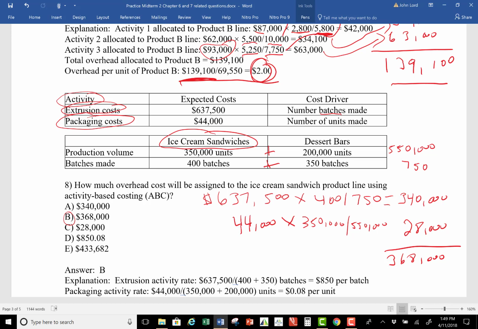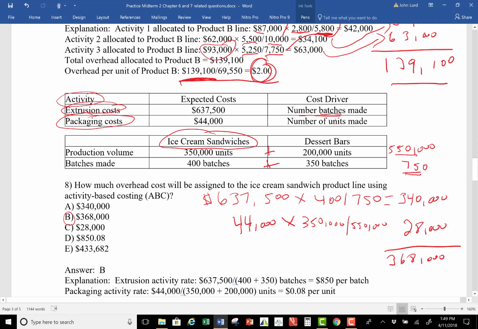So what do we want to do? We first have to figure out what is the total amount of driver for the two activities. We have production volume. Add those together, that's 5,550 batches. There's 750 batches. Now they tell us that for the extrusion, it's the number of batches made.